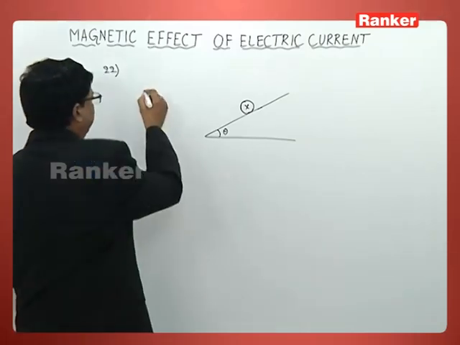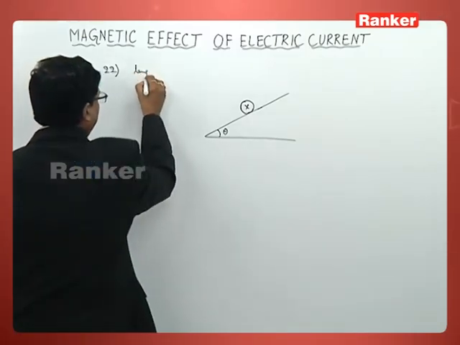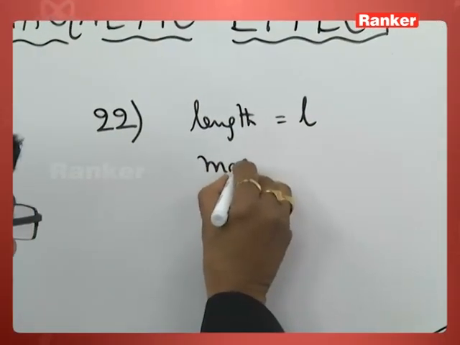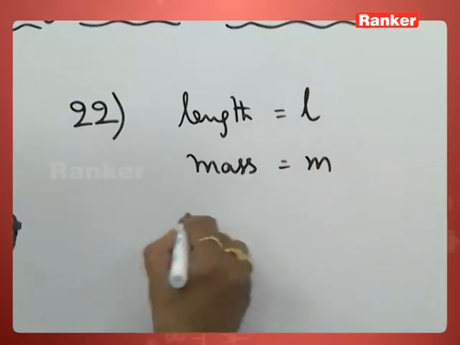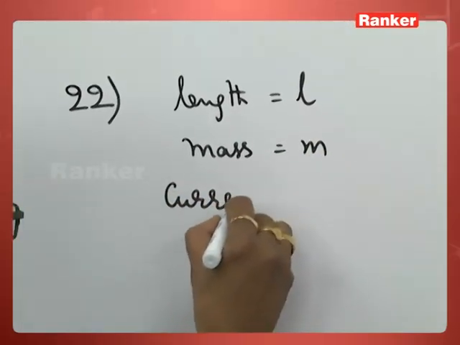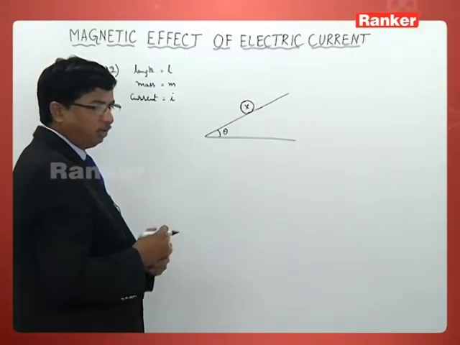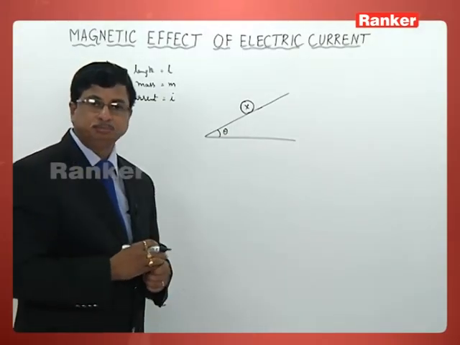He said its length is L, mass is m, and the current passing through that conductor, let us take it as I.